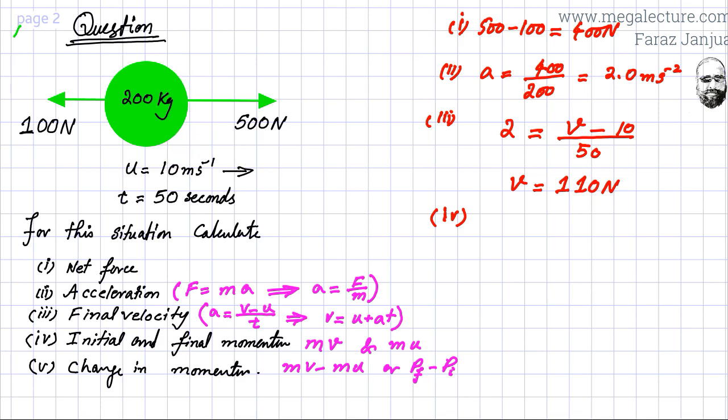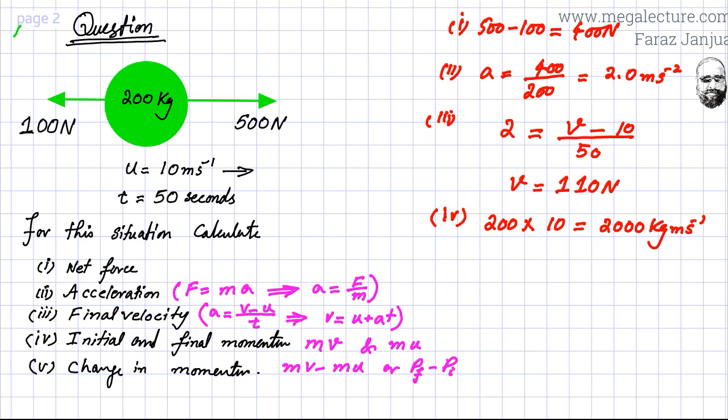So initial momentum should be mass, which is 200, multiplied by 10, and that should come to 2000 kg meter per second.